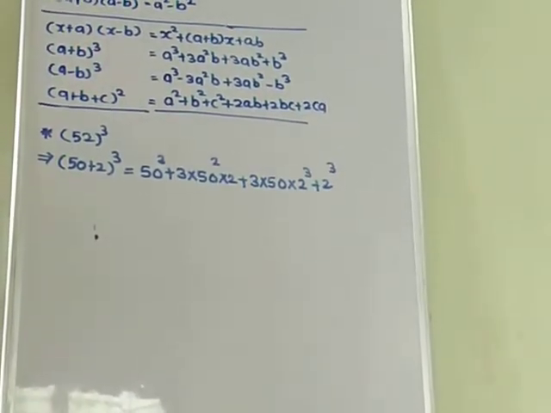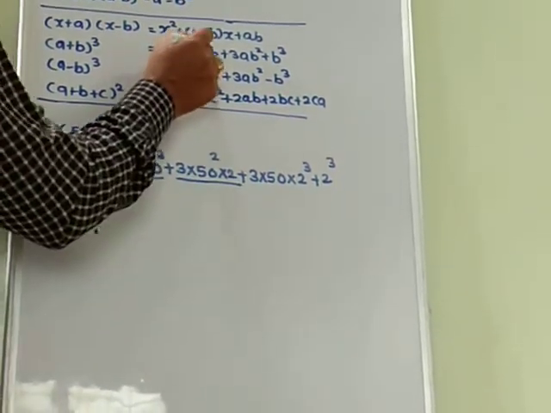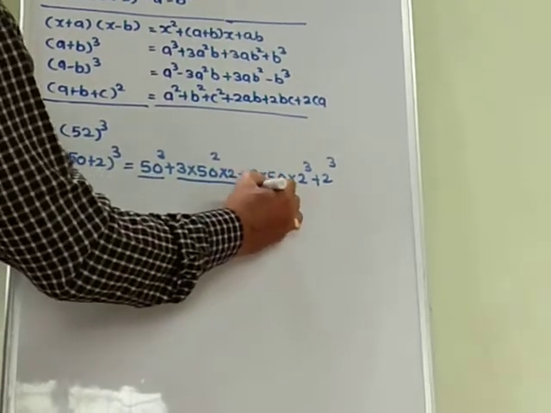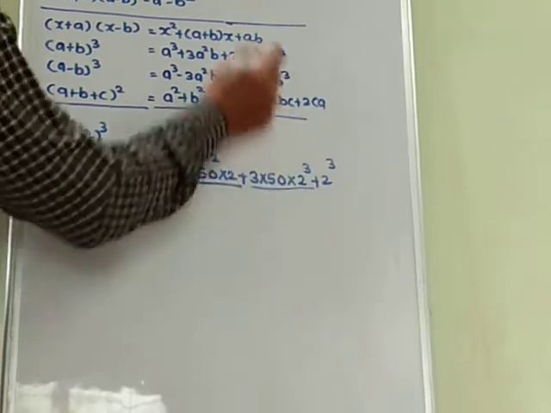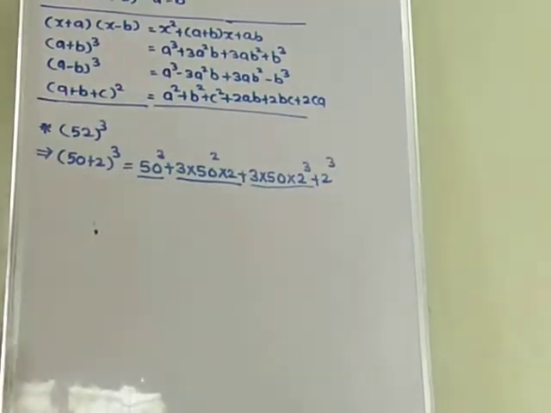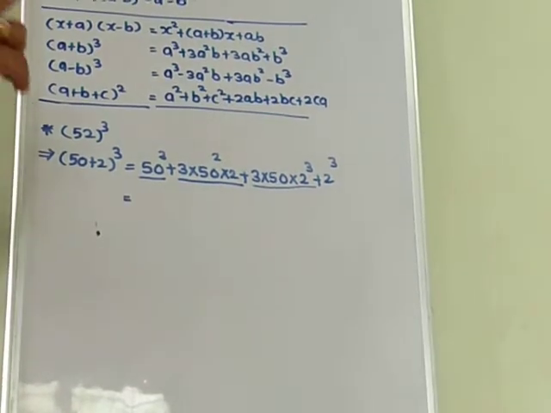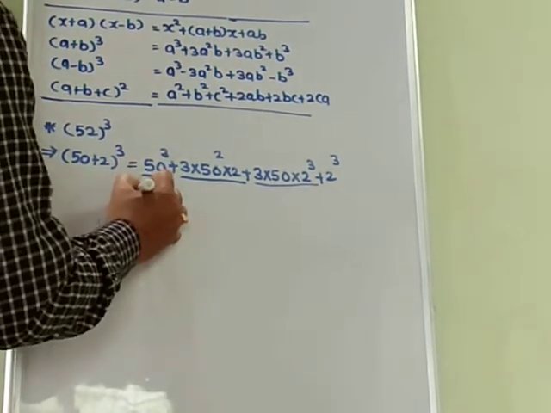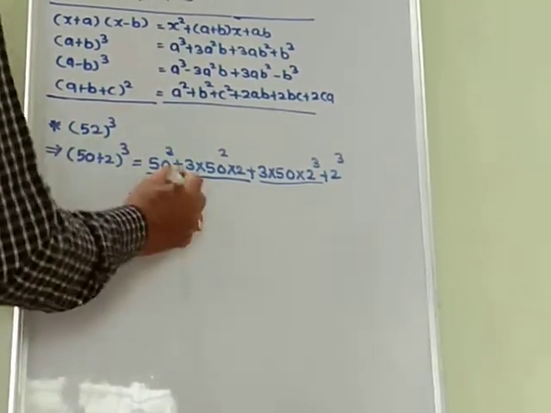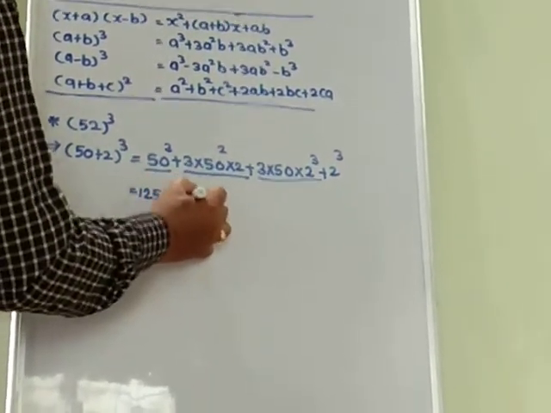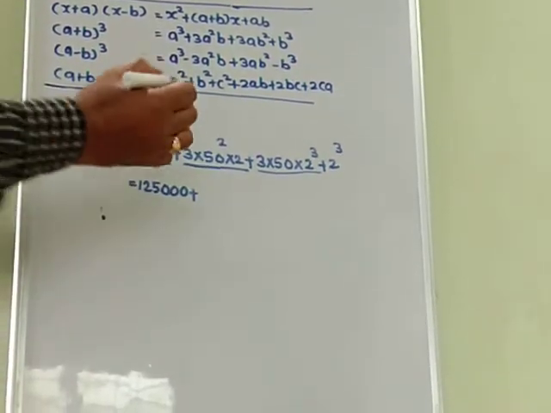That is this formula, right? Okay, 50 cube. What is 50 cube? 5 fives are 25, 5 twenty-fives are 125, that is 125 and 3 zeros, plus 3 into 50 square. What is 50 square? 2500.